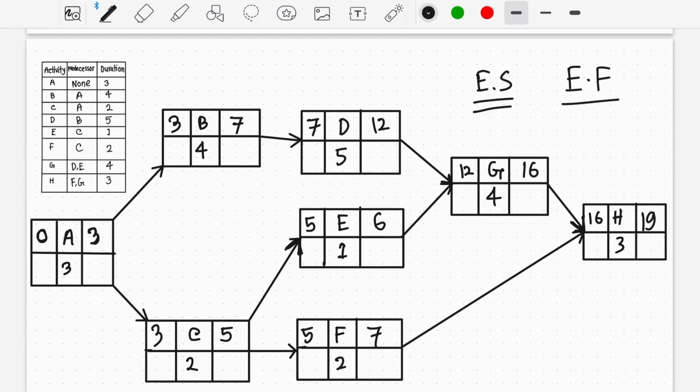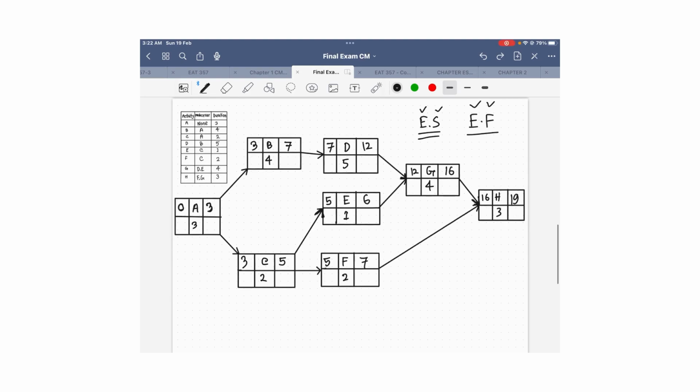calculations are already done. We already finished the calculations for early start and early finish. Now I will show you how to do the backward pass to determine the project duration and the critical path.